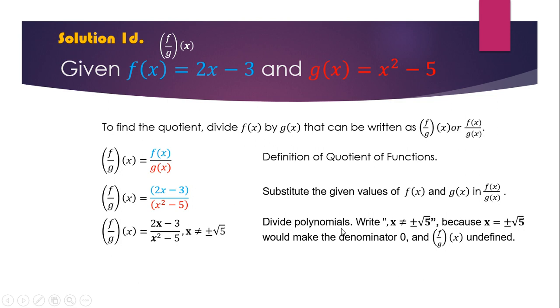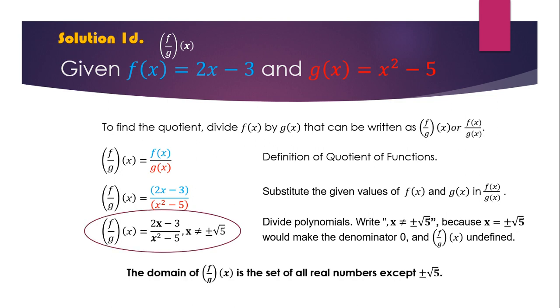Since in dividing polynomials we write that x should not be equal to positive or negative square root of 5, because these values would make the denominator 0 and the function f over g of x undefined. So the domain of f over g of x is the set of all real numbers except positive and negative square root of 5.